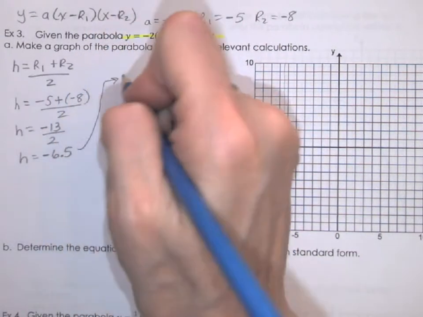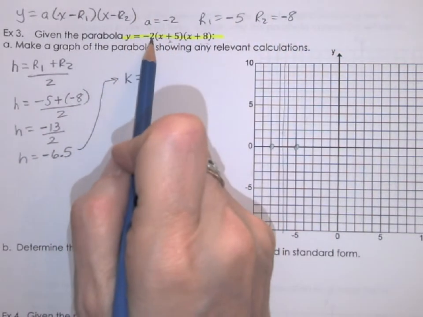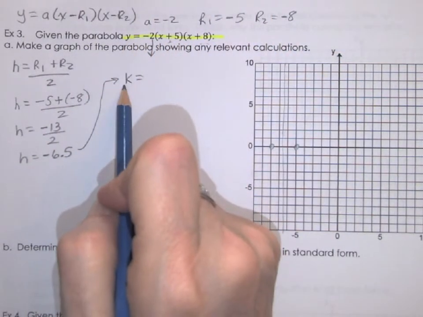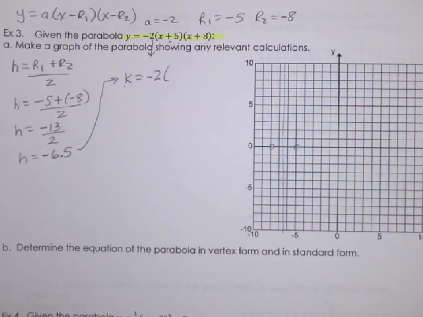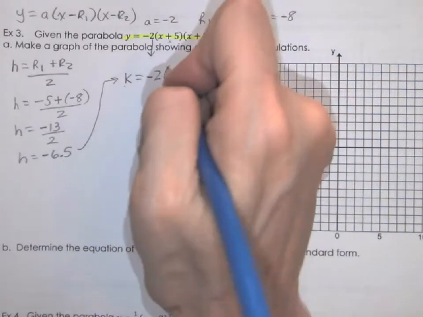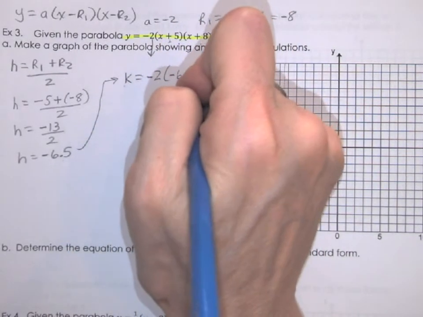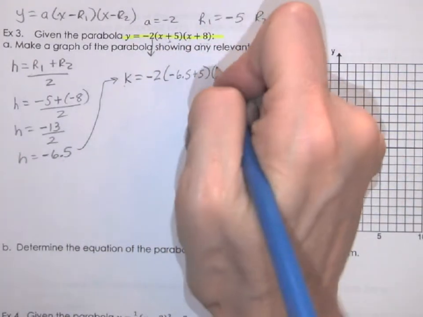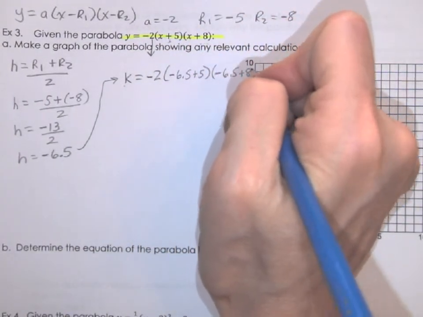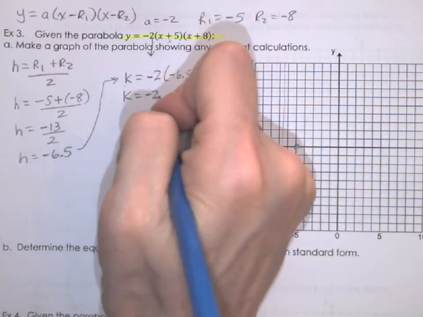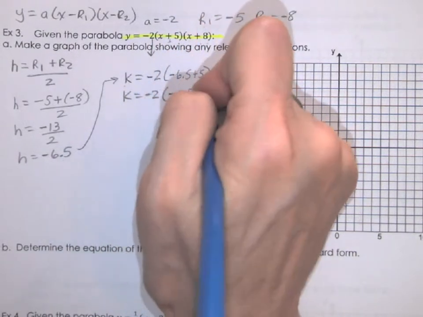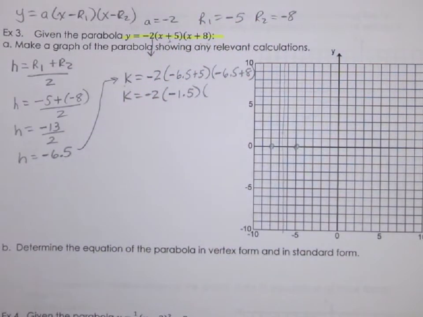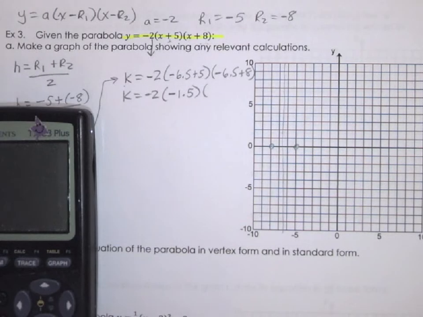So then we want to find the k value. To find k, we use this formula here. Replace y with k, and then replace each x with -6.5, because we want to know the y value that goes with x being -6.5. And also this one, so -6.5 plus 8. Then just do the calculation. So -6.5 plus 5 is -1.5, and -6.5 plus 8 is 1.5.